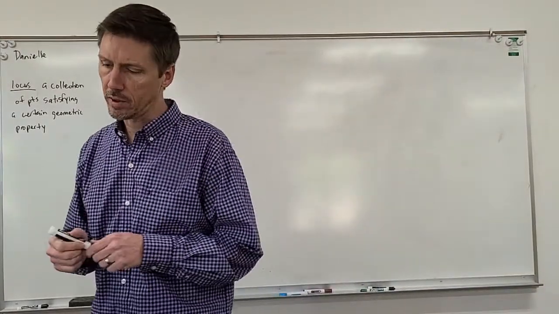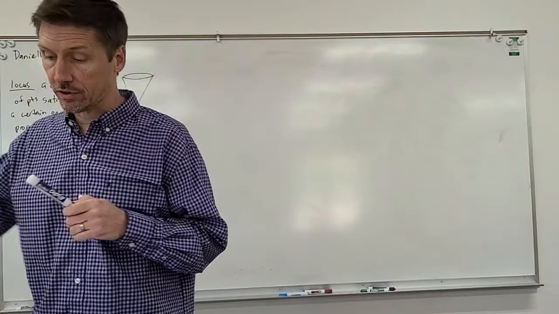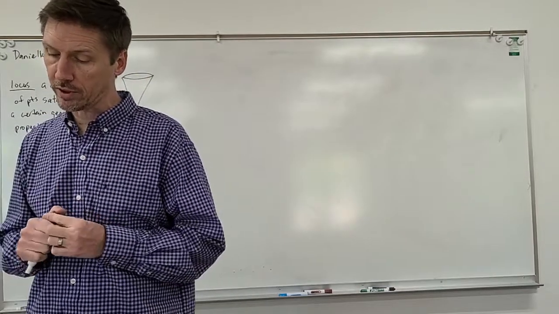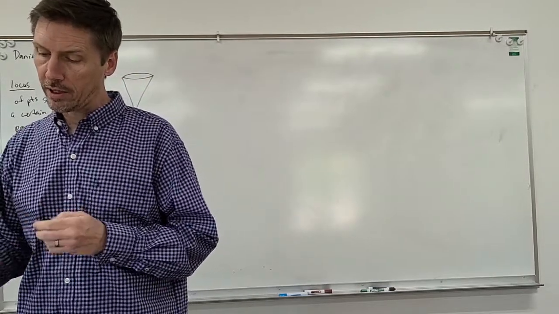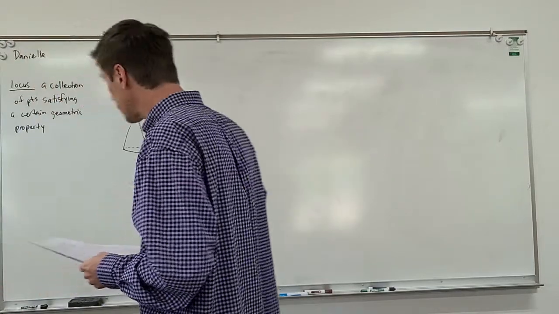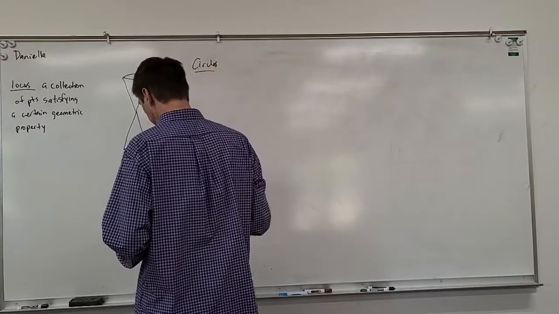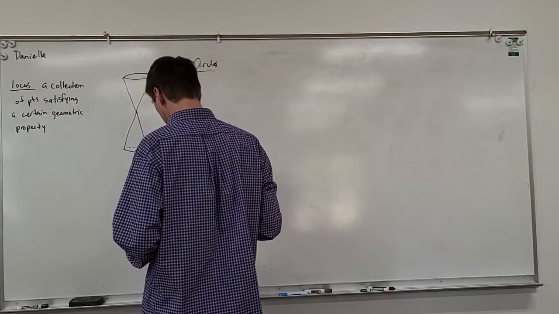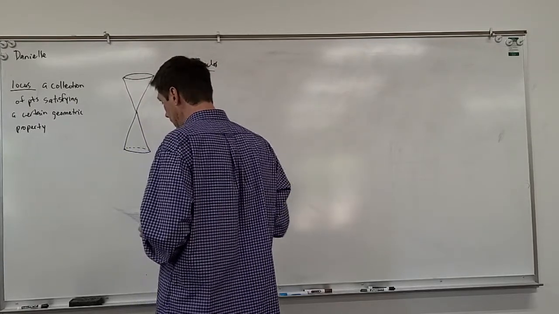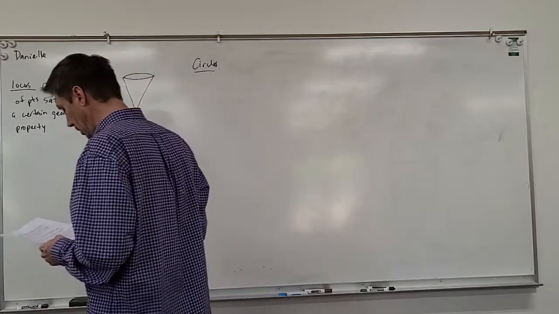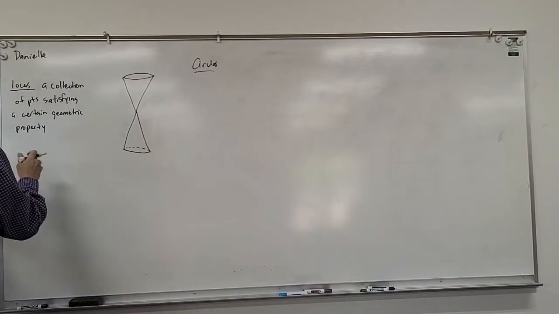It'll make a little more sense how that differs from, for example, a circle, how we looked at it before, when I write down the definitions of these. So let's start with circles and see this definition as it pertains to this idea of a locus.